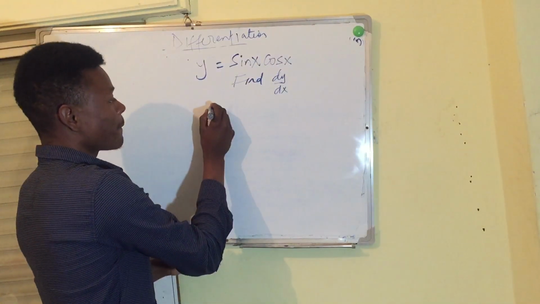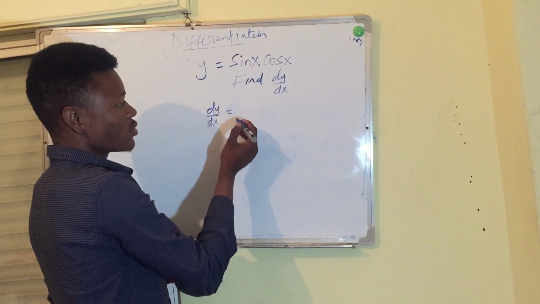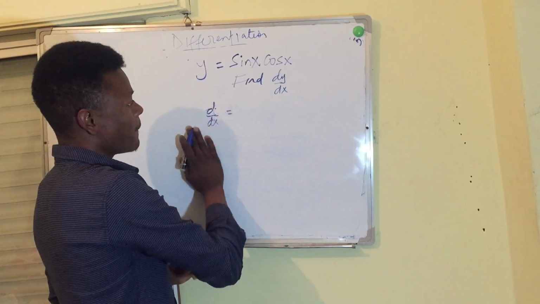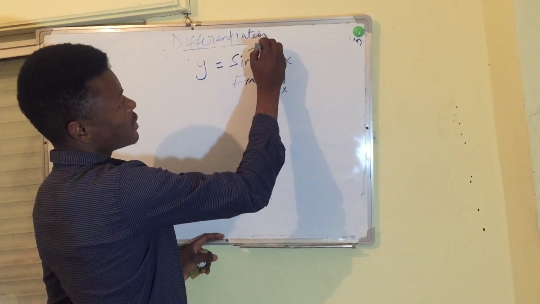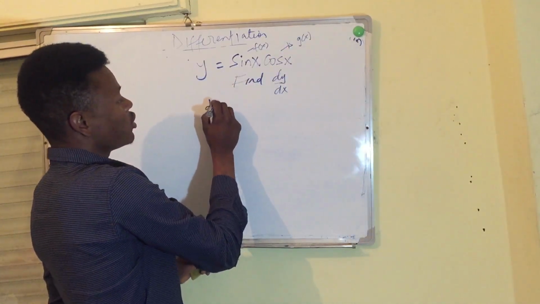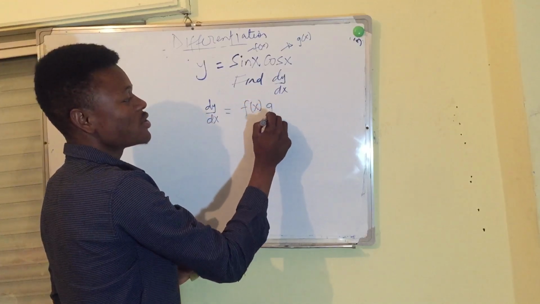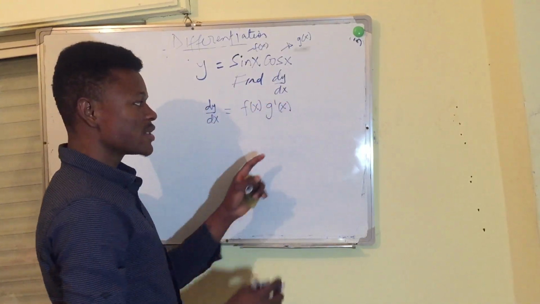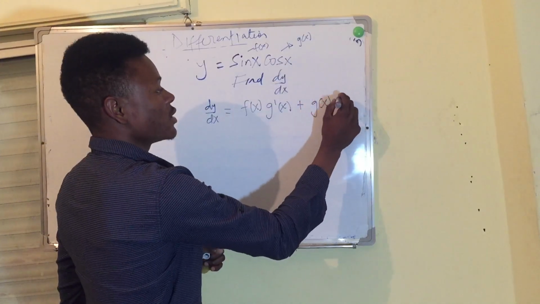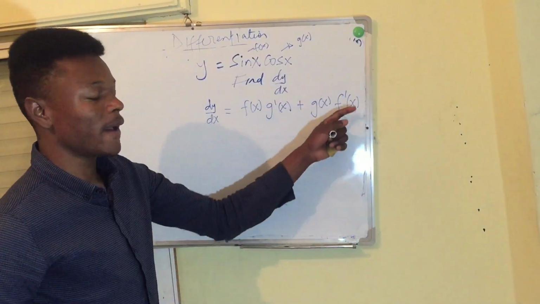Product rule kuma cewa dai dy dx is equals to, if this function is f of x, one function is g of x, so dy dx zai kasance f of x times g prime of x, that means the derivative of g of x, then plus g of x times f prime of x, derivative of f of x.